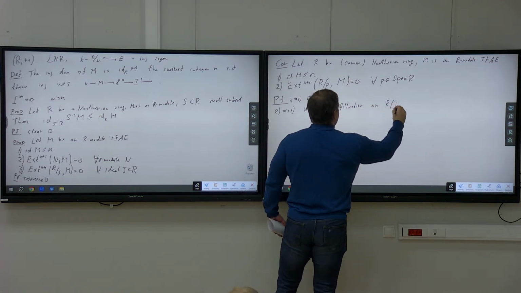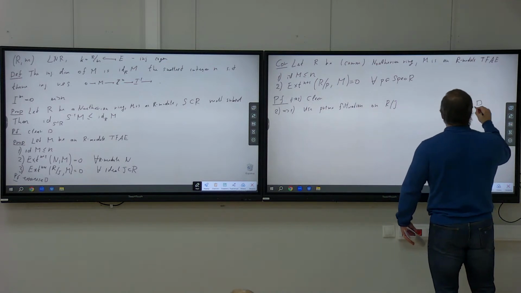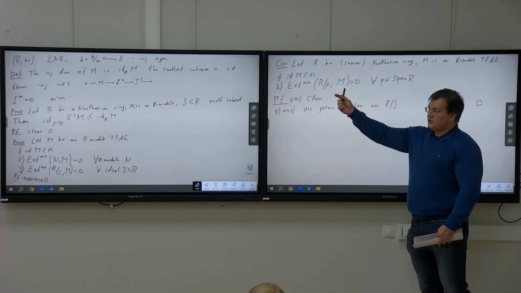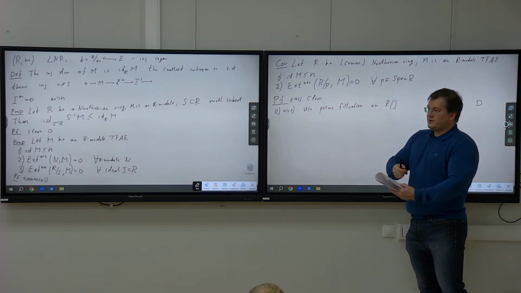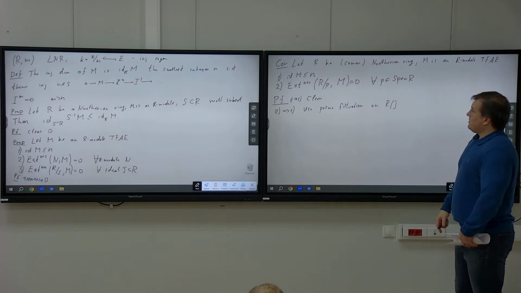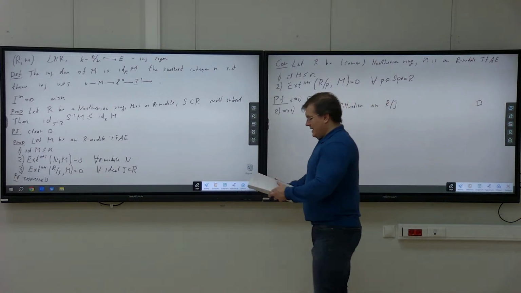If you look at this filtration, and you know that for all such quotients the Ext is 0, you should just separate this into short exact sequences, and then step by step you'll see that all the terms in the filtration have trivial Ext, hence for R modulo J this is also trivial Ext.